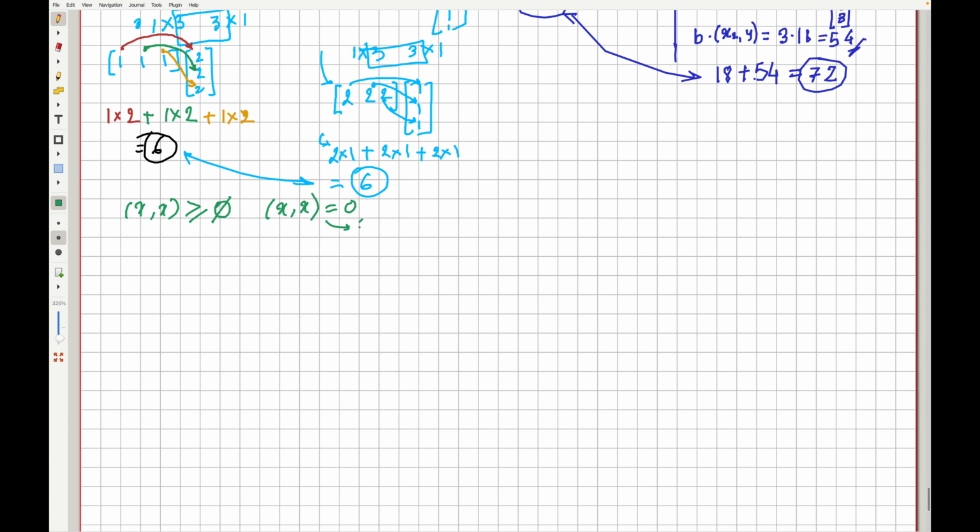We talked about 0 vectors in one of the previous videos, a 0 vector or a 0 function, and we can look at an example.